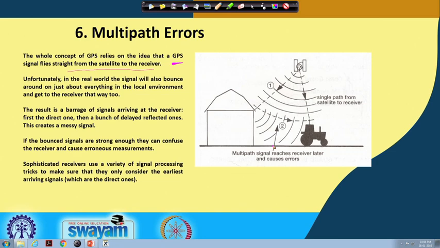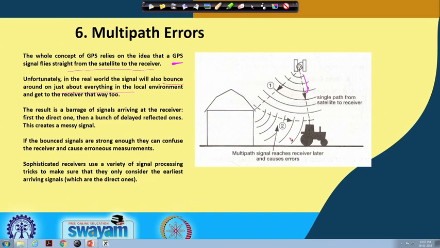However, unfortunately, in the real world this signal will bounce around just about anything in the local environment and get to the receiver that way too. You can see this is one way through which the GPS signal is expected to reach the receiver. However, in reality it may get reflected by other features over the Earth's surface, and as a result there are several bounces.